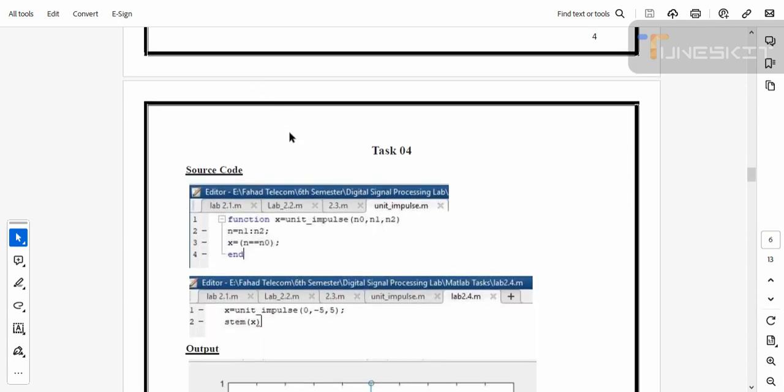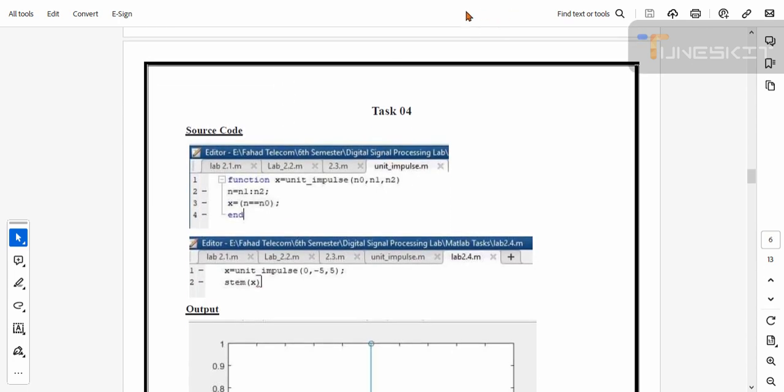In task number 4, first we define a function x that is equal to unit impulse n0, n1 to n2, where n ranges from n1 to n2, and the x condition is n must equal n0. And the end command we are using to complete the function we described above.